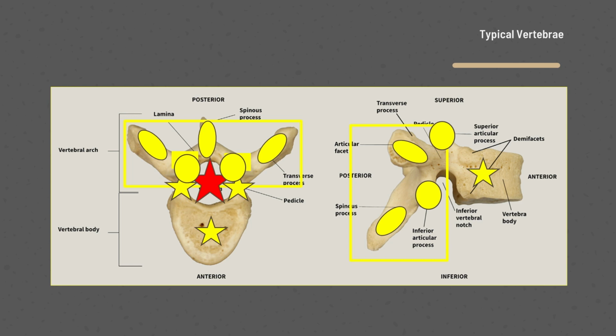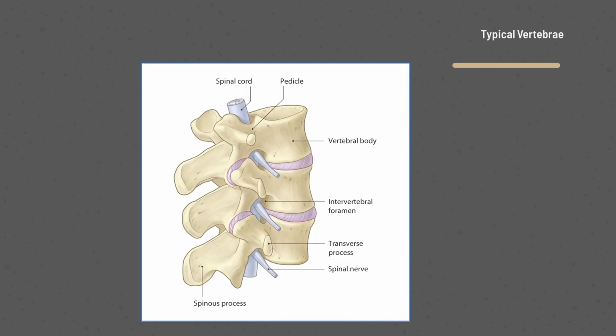So essentially, each vertebra lines up to form a column, and it does so in a way that the vertebral foramina form the vertebral canal, which is also known as the spinal canal. This contains the spinal cord as shown in this diagram, and therefore protects it.